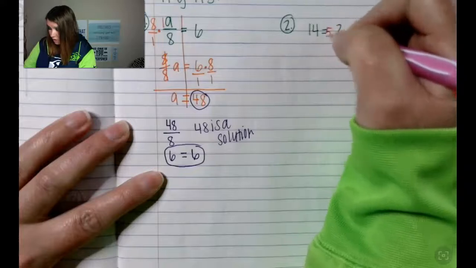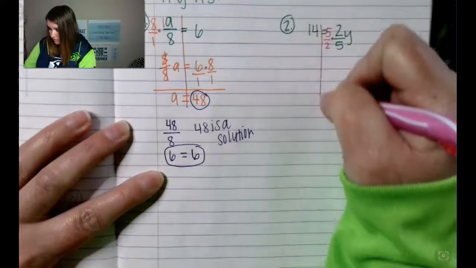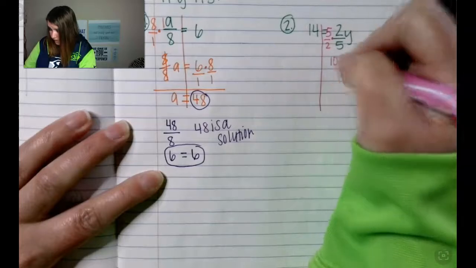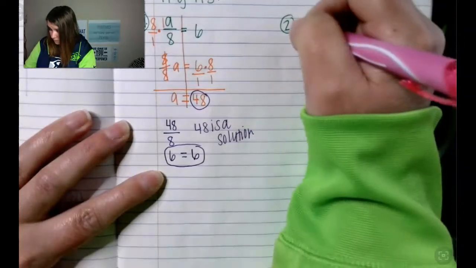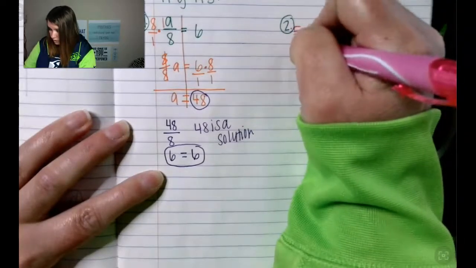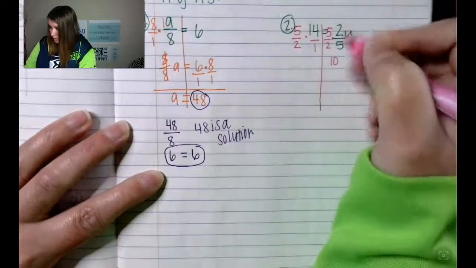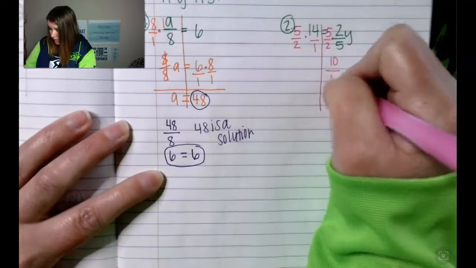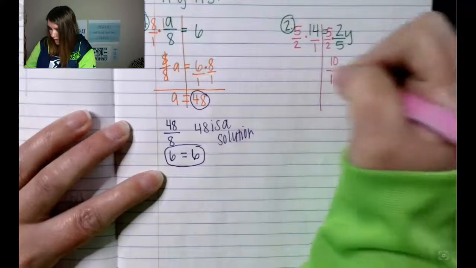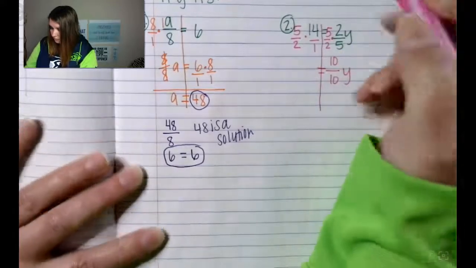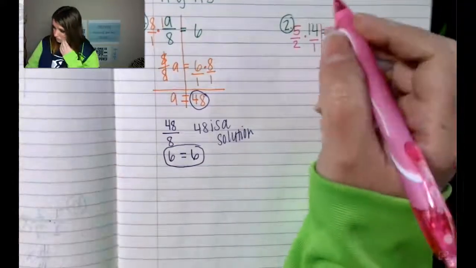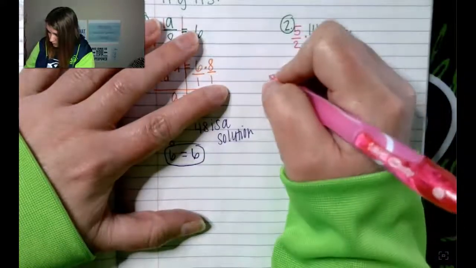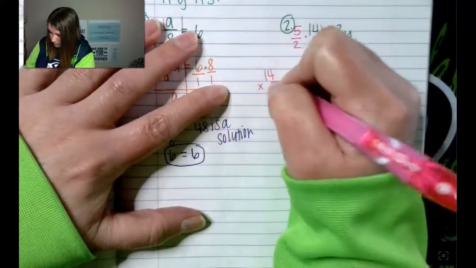So 5 over 2. Draw my balance line. 5 times 2 is 10. I also multiply by 5 over 2. So if I get 5 times 2 is 10, 5 times 2 is 10, 10 over 10y is equal to, I need to do this out here to the side, 14 times 5.